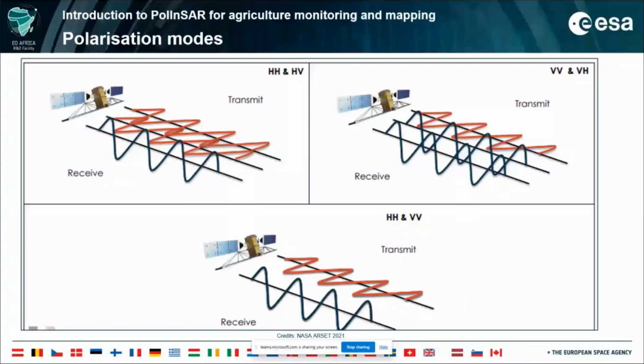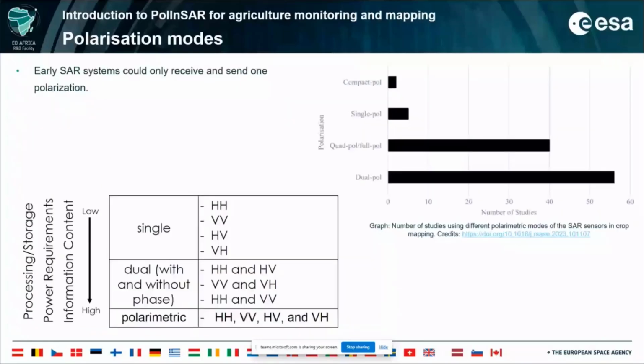Multiple polarizations and wavelength combinations provide different and complementary surface information. A system that uses both vertical and horizontal polarizations has 4 polarization channels, which are HH, HV, VV, and VH. And single polarization consists of either, as you can see in that table, HH, VV, VH, or HV.